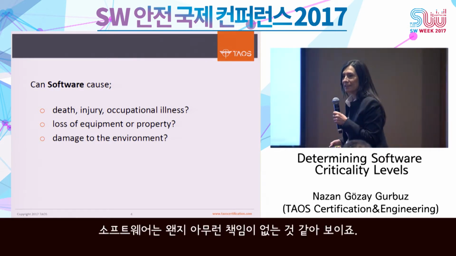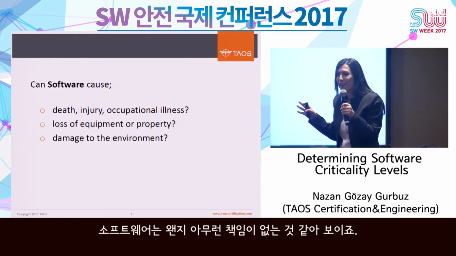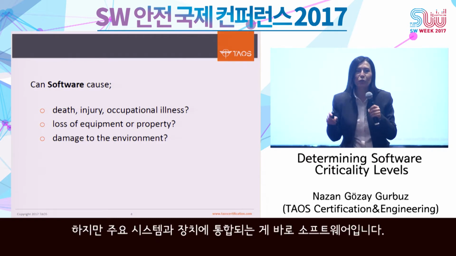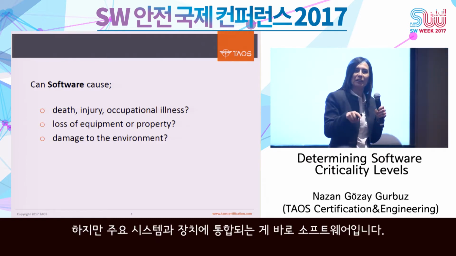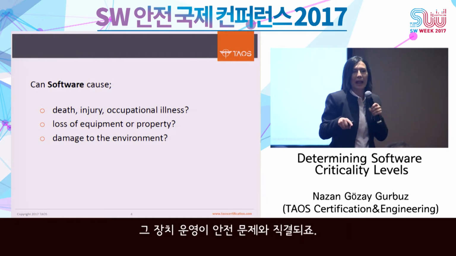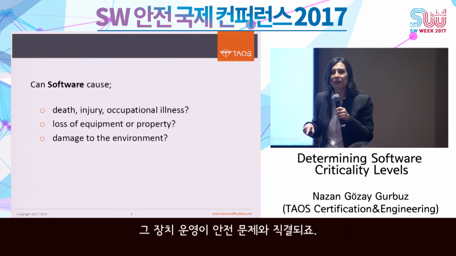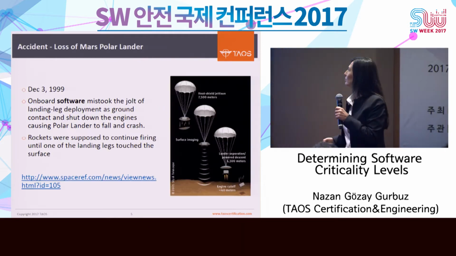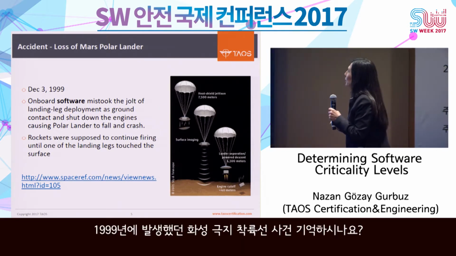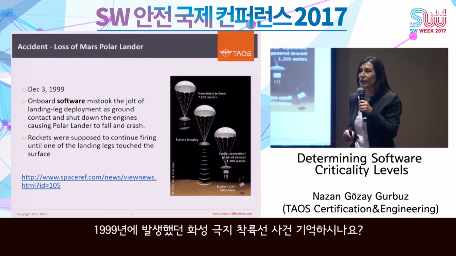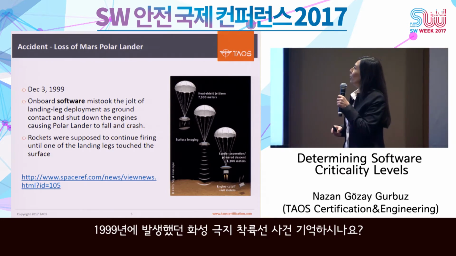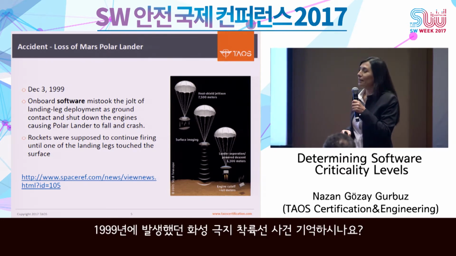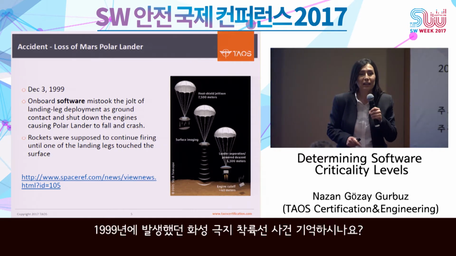Software looks innocent, right? We cannot see or touch software. But software integrated into critical systems and equipment, and operation of that equipment, can cause safety concerns. You may remember the Mars Polar Lander accident in 1999, right?